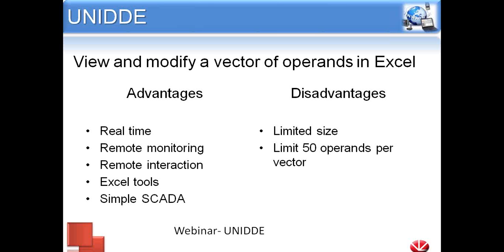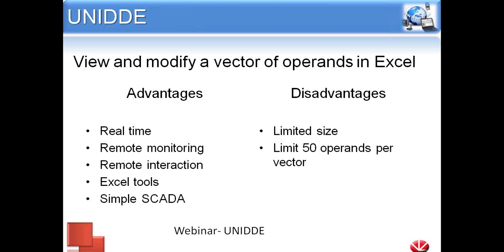The next form of data logging that I would like to discuss is Uni DDE. Uni DDE is a software available on our website. It is a standalone software, and it allows you to view and interact with a vector of operands in Excel.